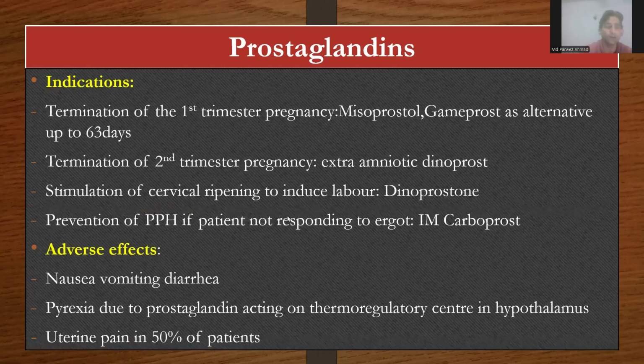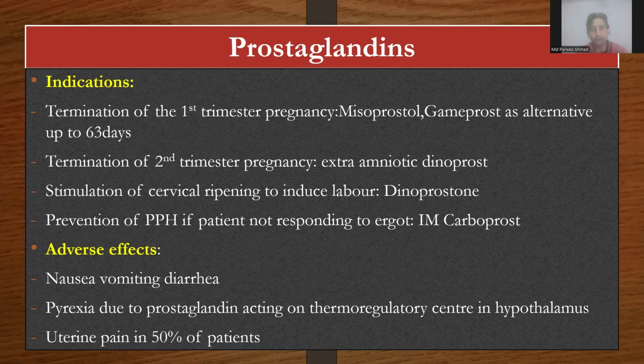Now see the indications here. Different prostaglandin derivatives are used in termination of first trimester pregnancy: misoprostol and gemeprost as an alternative, up to 63 days. Nowadays misoprostol is also used along with mifepristone. For termination of second trimester pregnancy, extra-amniotic dinoprostol is used. Stimulation of cervical ripening. What is cervical ripening?